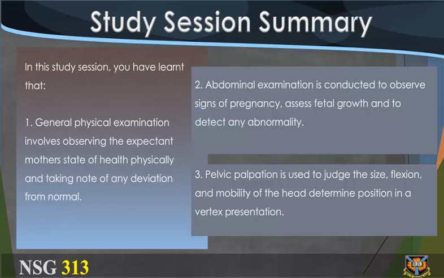Abdominal examination is conducted to observe signs of pregnancy, assess fetal growth, and to detect any abnormalities. 3. Pelvic palpation is used to judge the size, flexion, and mobility of the head, determine position in a vertex presentation. End of study section 17.